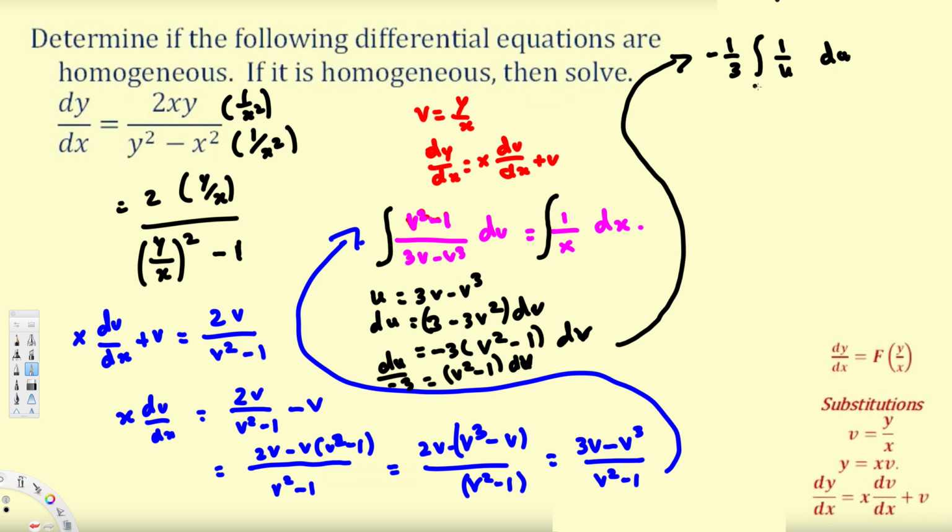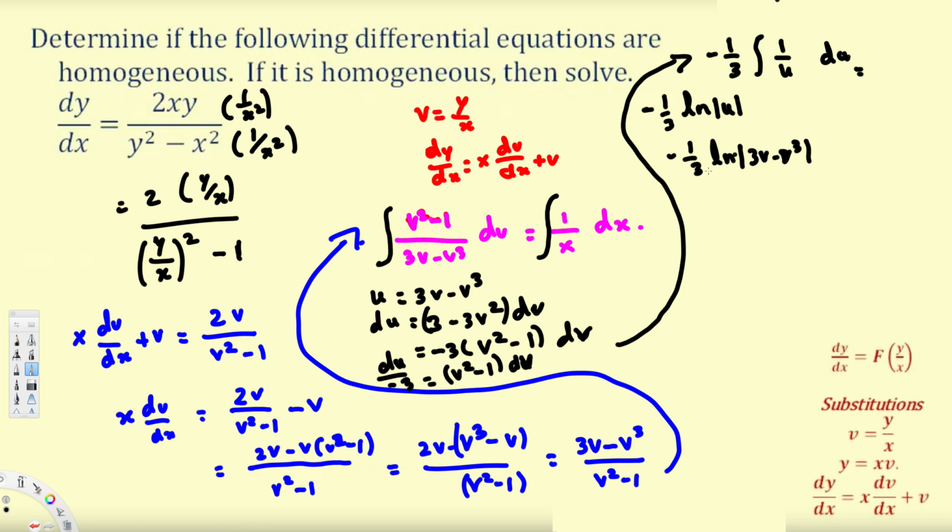And if you integrate this one, this is going to be just ln absolute value u, and also we have negative 1 over 3 right here. And then if we back substitute this 3v minus v cube, that's going to be negative 1 over 3 ln of 3v minus v cube. So this is this side of the equation.